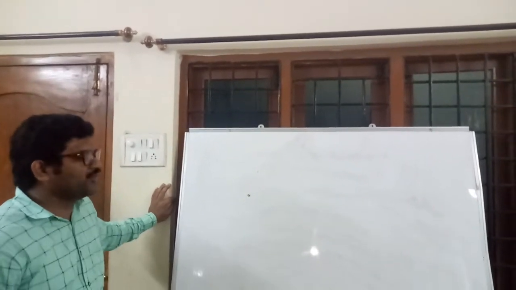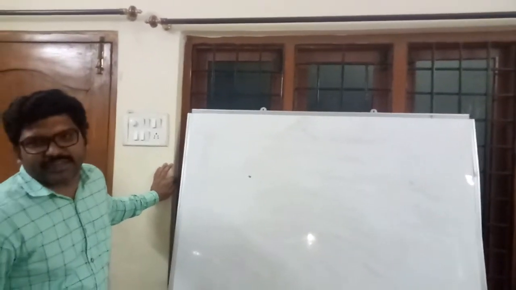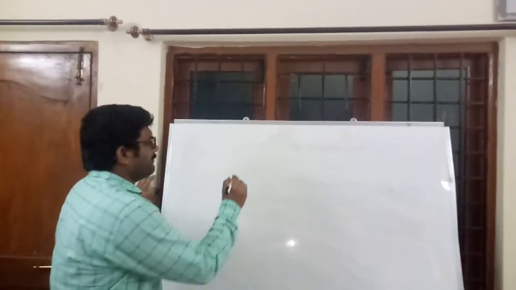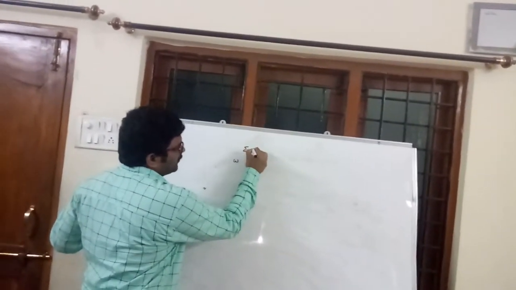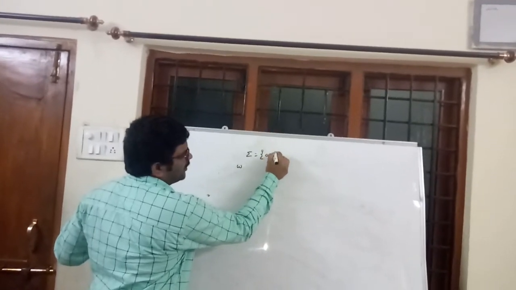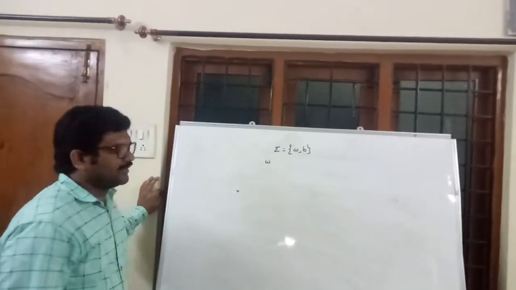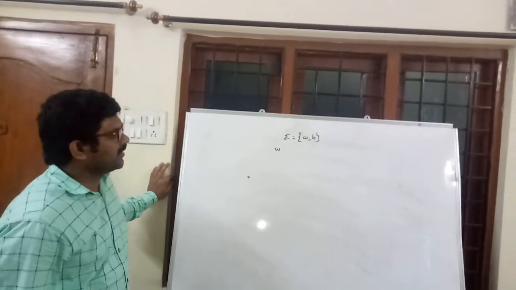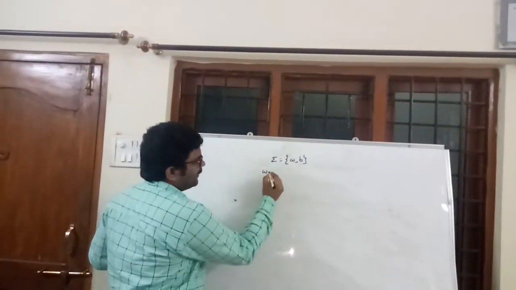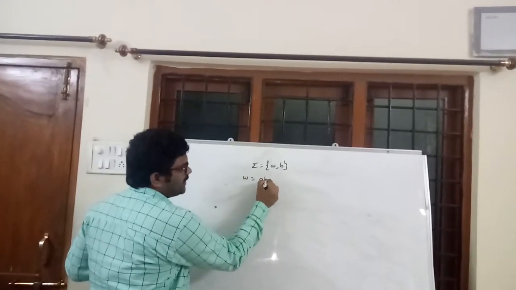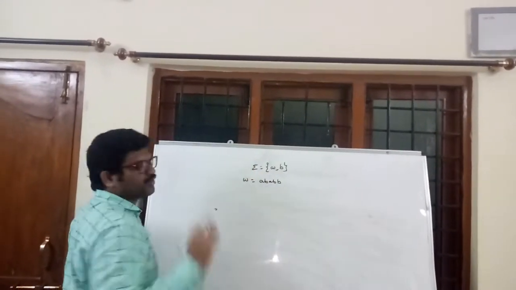Before language, we should know what is the length of the string. So here W is a string. If you want to define a string, we must have an alphabet. Let sigma is equal to {a, b} is my alphabet. Then W is a string which is obtained from this alphabet only. W is equal to, let us say, abb. So this is my string.